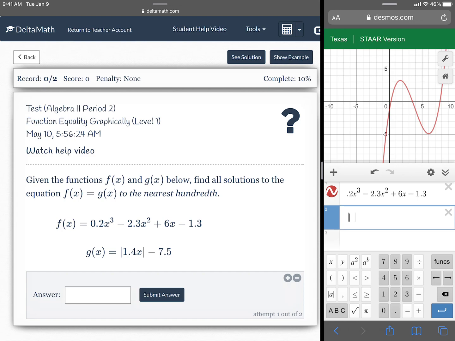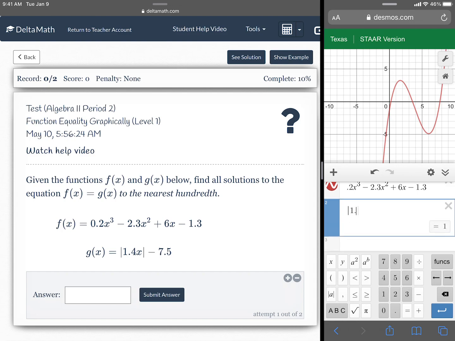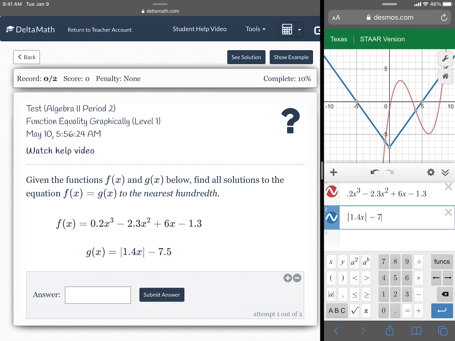And our second is the absolute value of 1.4x minus 7.5. One thing you'll notice here is these are all defined in terms of x. I can actually do this on the calculator without typing in the y equals. Not a great habit, but if you're in a rush, you can do it. I check, I look at it, they look good.